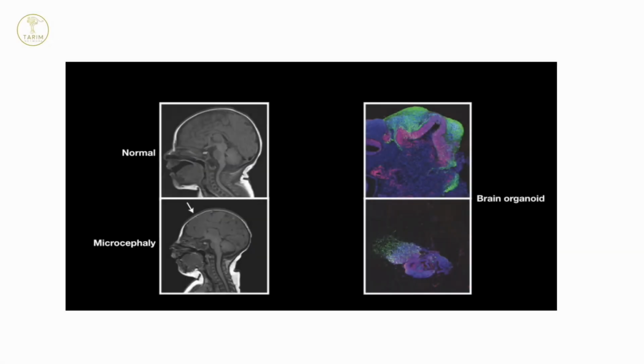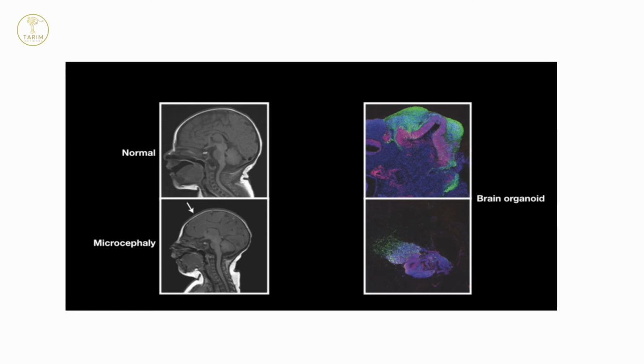What you can see here is actually very beautiful, because I found this and wanted to share it. If we generate organoids from a normal person, these organoids have a normal size.